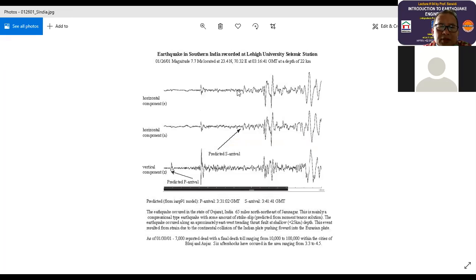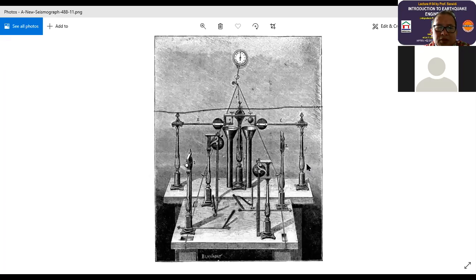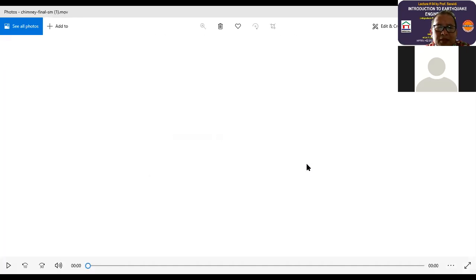For example, there is a horizontal component like this one, and another horizontal component, this one, east west. This is not south. This is vertical, the top and bottom, up and down. So this is the apparatus of earthquake measurement. It is very complex.